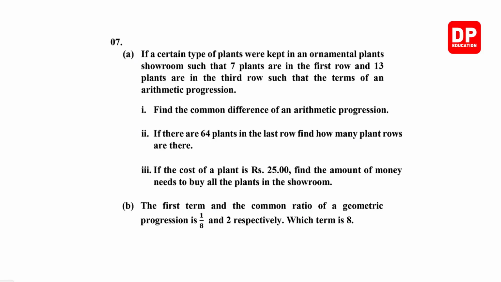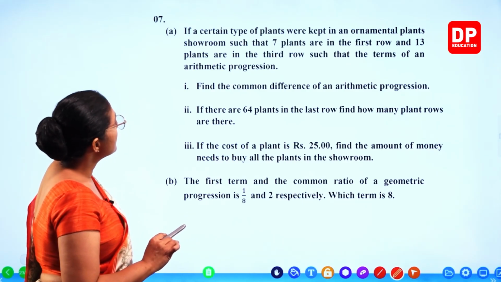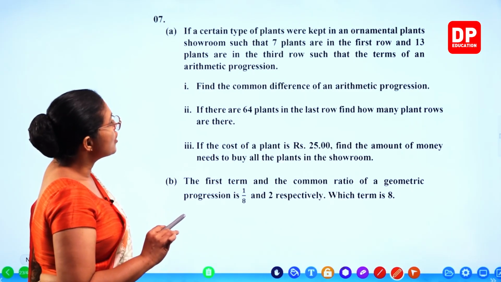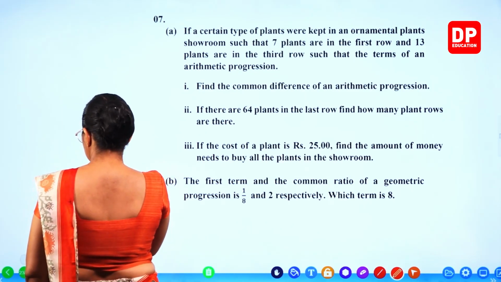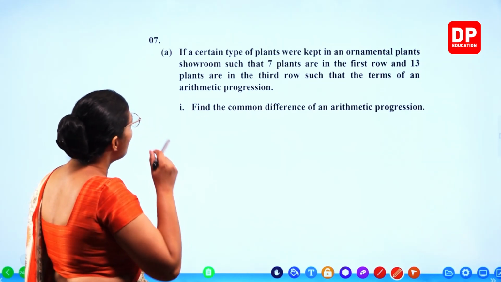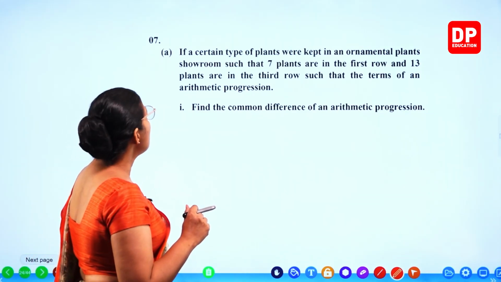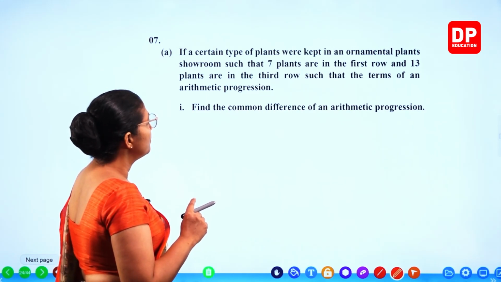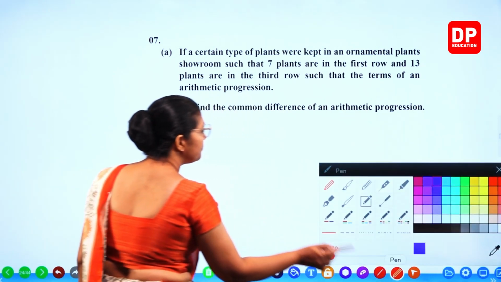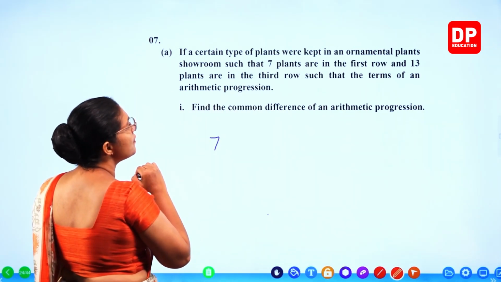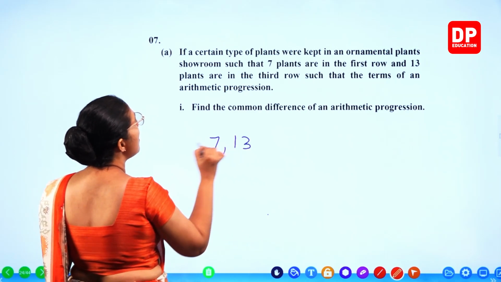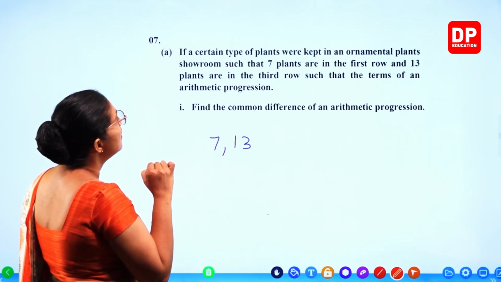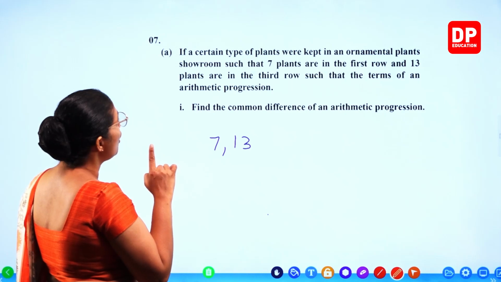So this is part B. We have completed part A questions 1 to 6. Now part B, question number 7. It's about progression. If a certain type of plants were kept in an ornamental plants showroom such that 7 plants are in the first row and 13 plants are in the third row, not the second one.